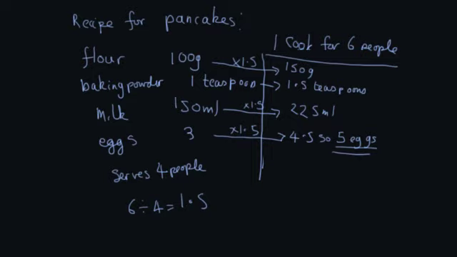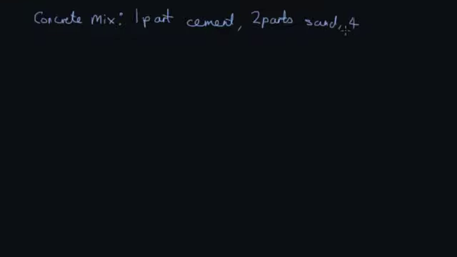Let's try another example. So a concrete mix. It's 1 part cement, 2 parts sand, and 4 parts gravel.